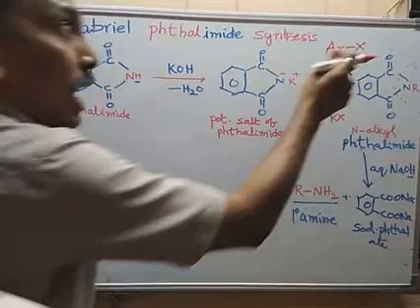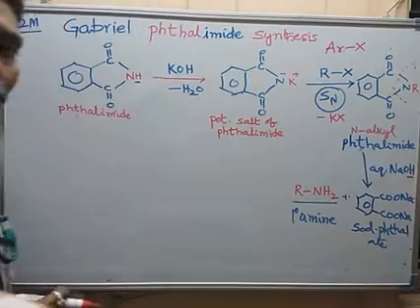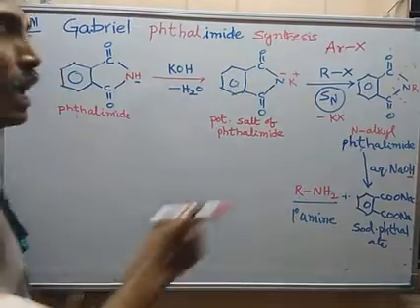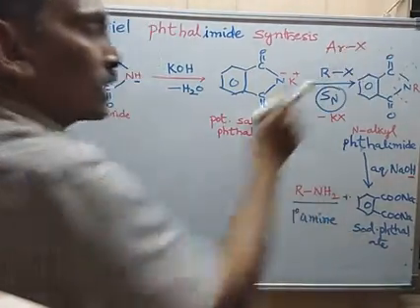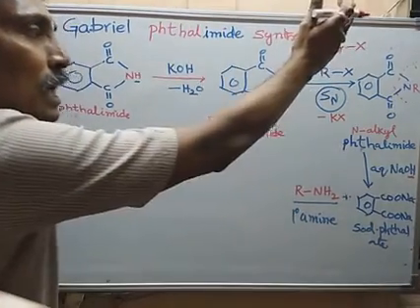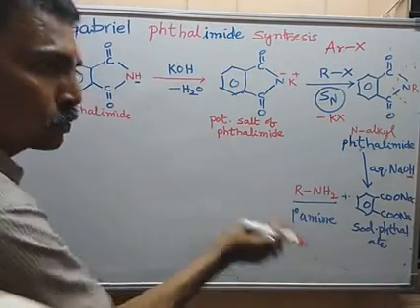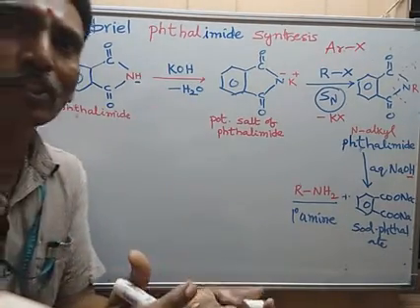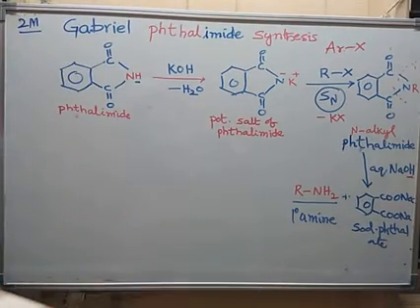Why? The halogen carbon bond is less polar, the carbon is sp2 hybridized, and there is partial double bond character between carbon and halogen. These are all reasons that make aryl halide less reactive. Instead of telling this big story, we have to write a simple sentence.